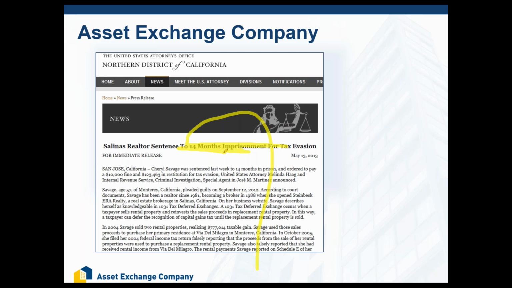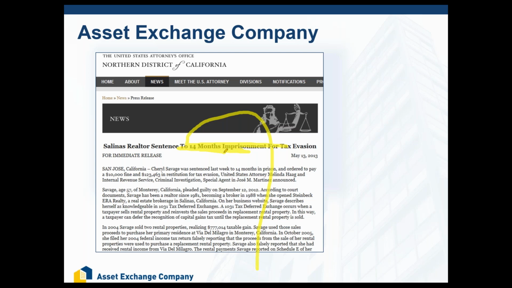Don't do that. When you do a 1031 exchange, you have to sell a rental and you have to buy a rental. Now, could I rent the property out to my brother and have my brother pay me fair market value rent? Absolutely. Can I rent it out to my brother for 2 years and then kick my brother out and then can I move into it? Yes, you can do that.